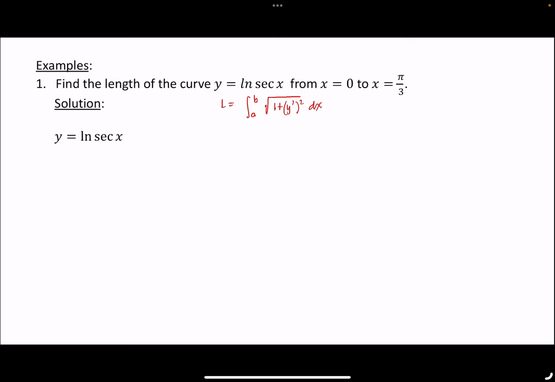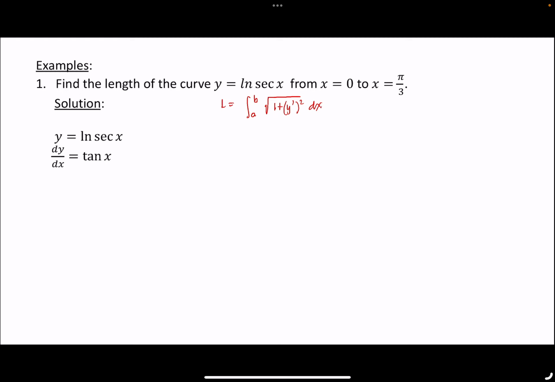So since we are given y equal to ln secant x, we differentiate it. That would be 1 over secant x times the derivative of secant x, which is secant x tangent x. So we can cancel out secant x.